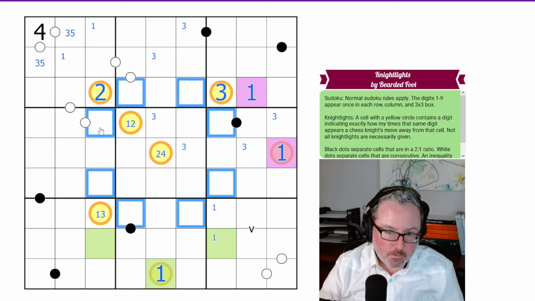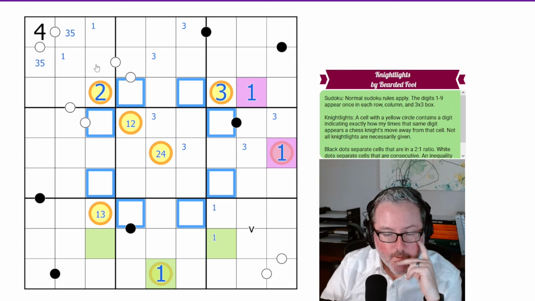Could we rule out a 4 in one of these? No, because it could just be 4, 5, 6. We have a 3 up here, so we know it can't go down to 4, 3, and then it wouldn't continue to a 2 anyway. But this could be 4, 5, 6. And that might actually end up being what differentiates some of this stuff later.